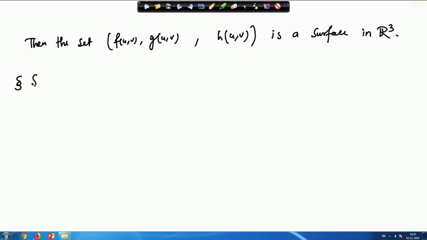So now, how can we calculate the surface area of a surface?